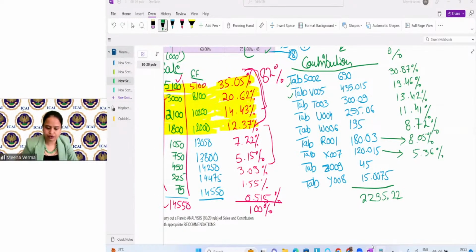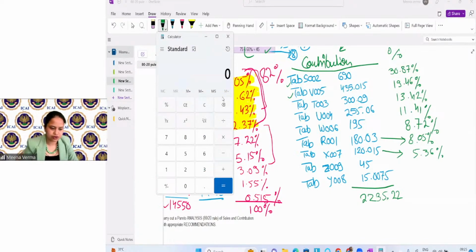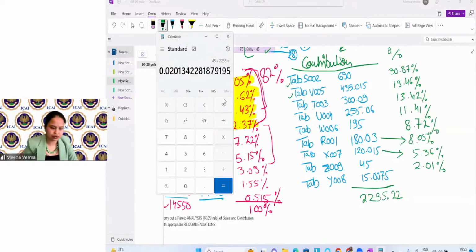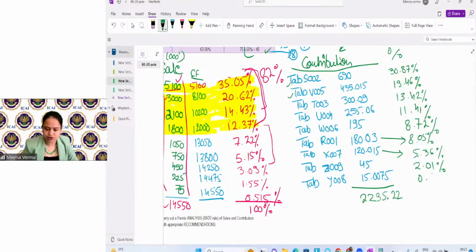Then 45 divided by 2235, 2.01%. And the last one, 15 divided by 2235, 0.67%. Right? If you add them, it will become 100%.